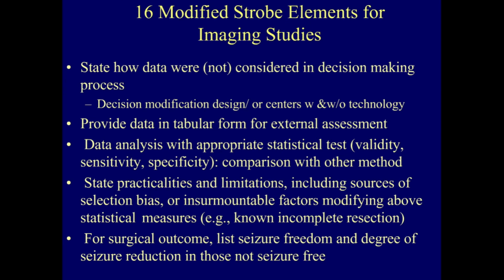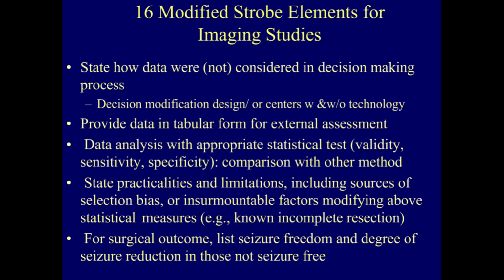for external assessment. The data analysis should be conducted with an appropriate statistical test, validity, sensitivity, and specificity, and/or a comparison with other method or methods. One needs to state the practicalities and limitations, including sources of selection bias or insurmountable factors modifying the above statistical measures.